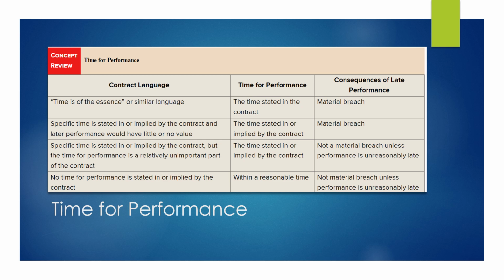If it's delivered within a reasonable time and there was no time for performance stated, then there's going to be no material breach unless the performance is unreasonably late. Okay, so even if the time for performance was within a reasonable time or it's stated, if it's relatively unimportant, it's not going to be a breach if it's late.